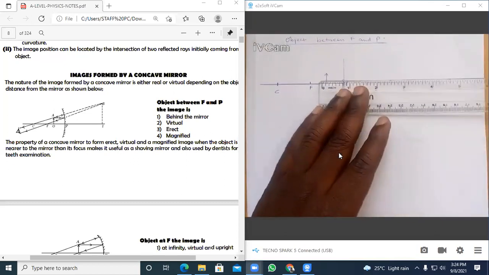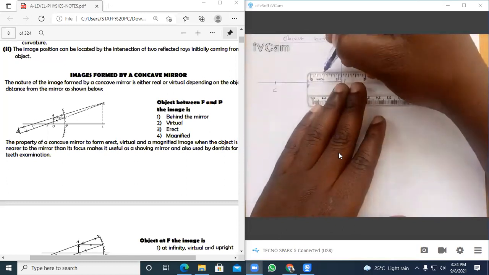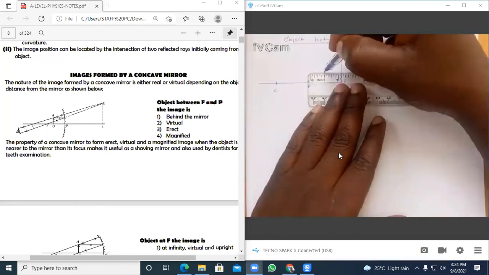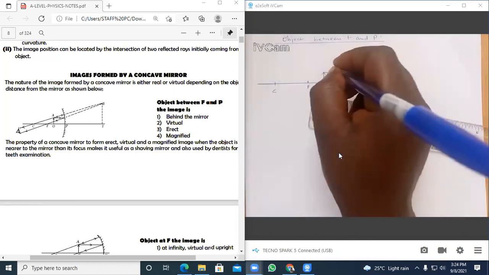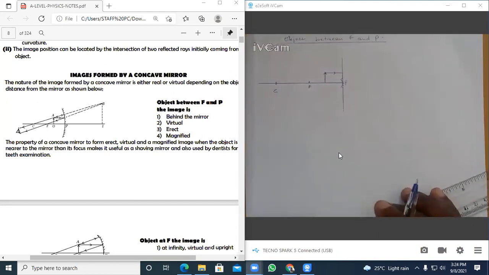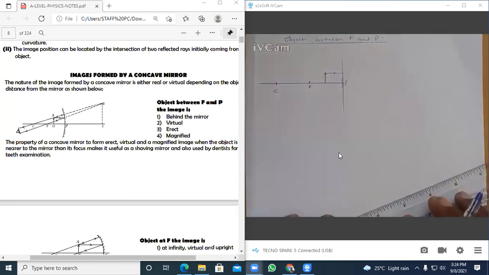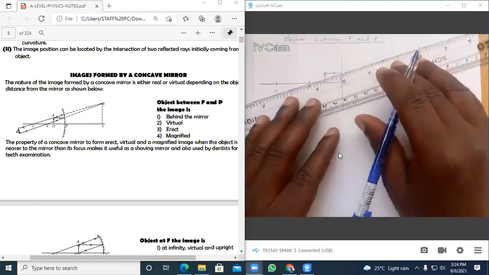This is the ray I'm drawing from the top. All rays come from the top. So that is the first ray, parallel to the principal axis. That ray, after reflection, passes through the principal focus.